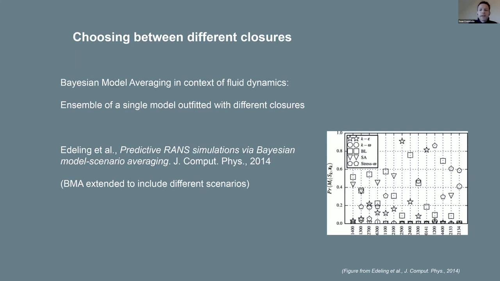You see a figure here from his paper showing the probabilities of different models under different scenarios. In this paper, they extended the Bayesian model averaging setup to also include different scenarios for different flow configurations. The figure shows that under these different flow configurations, there's not one model that always comes out top. It is really scenario dependent here.